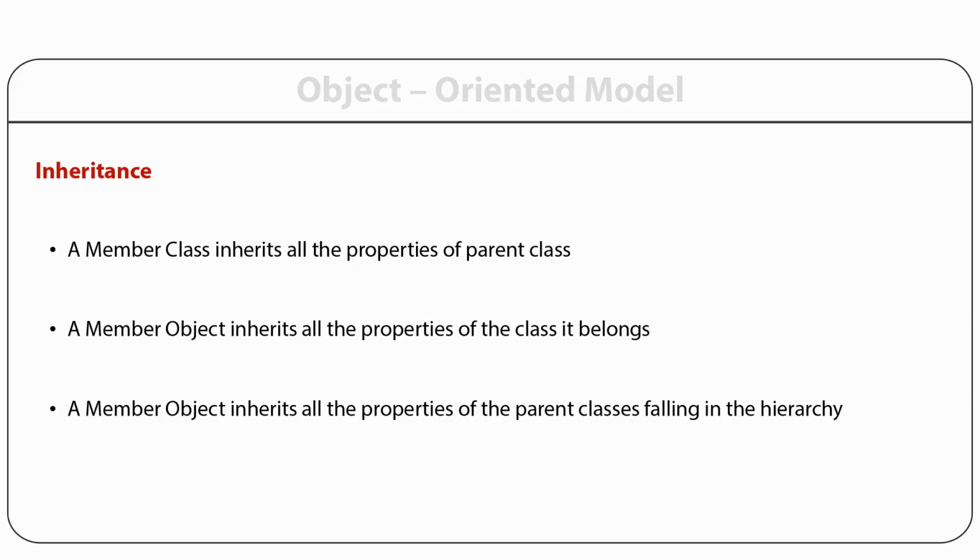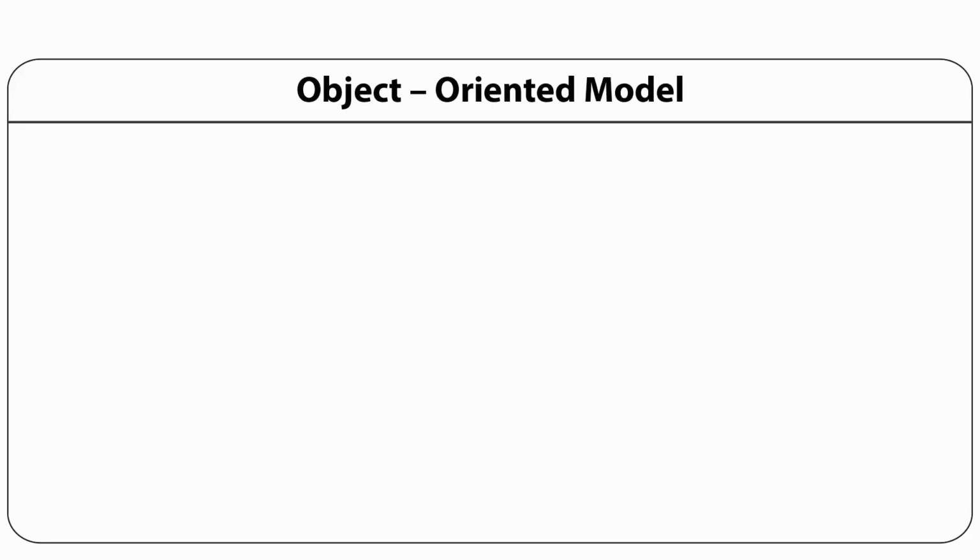This is a diagrammatic representation of the object-oriented model, where we have shown you patrons of a library and the properties, or the attributes, of the patrons. That means how many books they can borrow and so on and so forth. So you see there is a class called patron, which is represented by a green block.